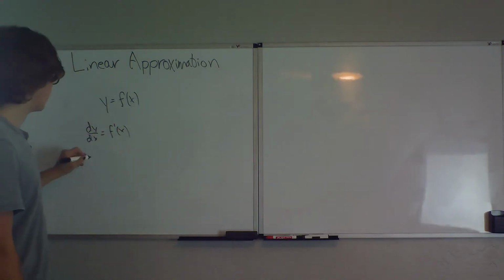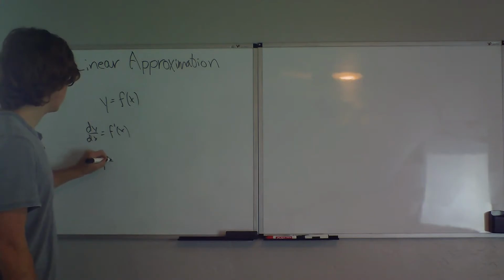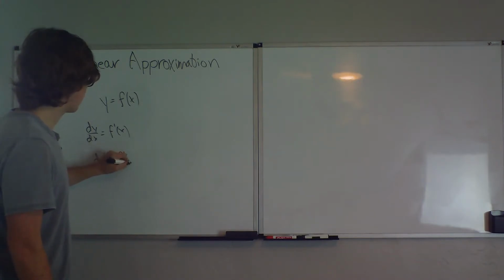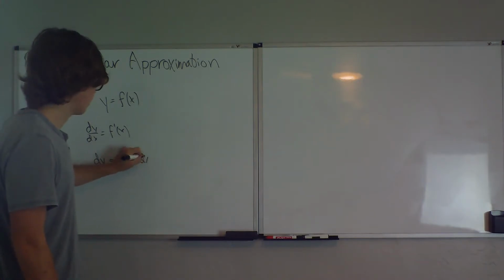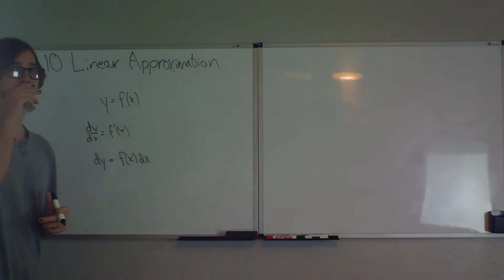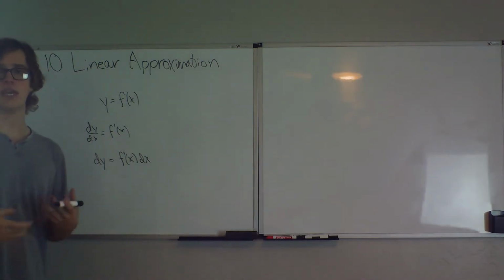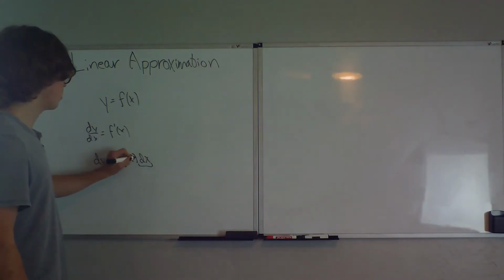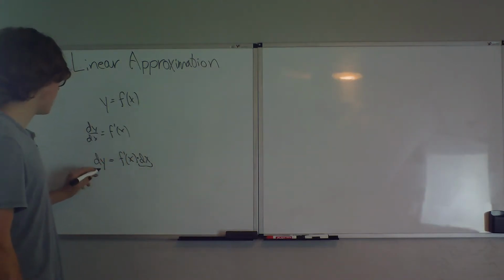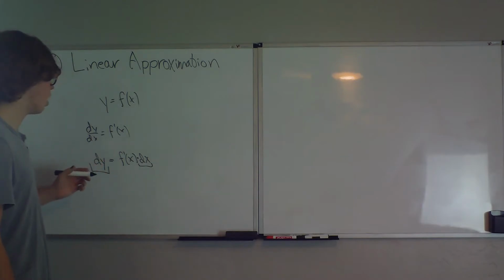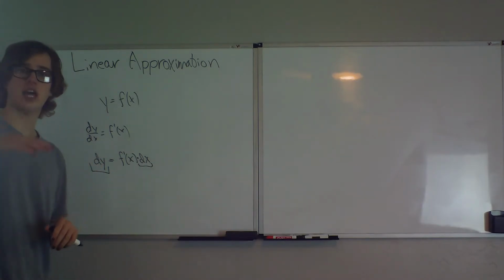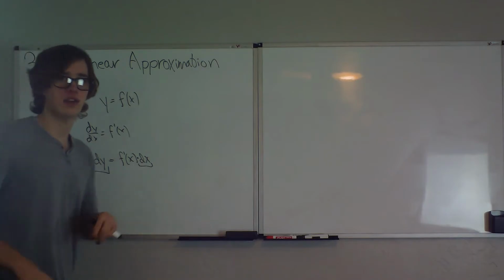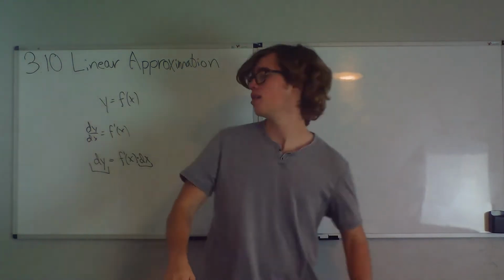And so what this is saying is dy is equal to f prime of x dx. And that is where I came from. Dx can take any real number, because this is multiplied by our slope, and that will give us the dy, which is our change in how much it rises and falls. Okay, now you can transition.